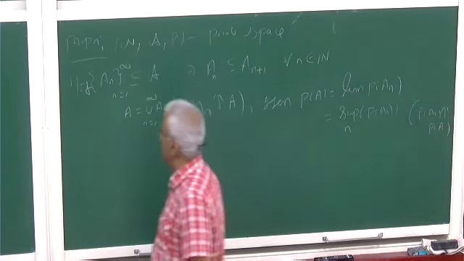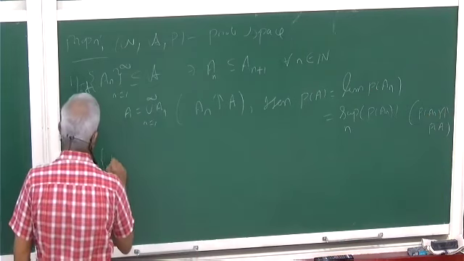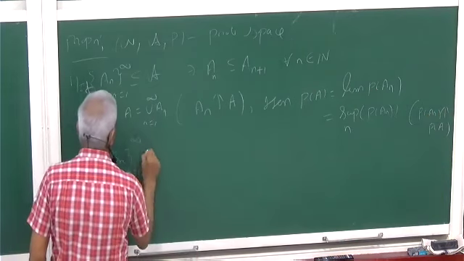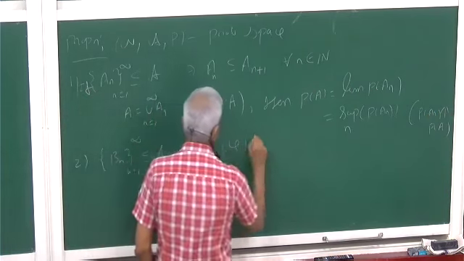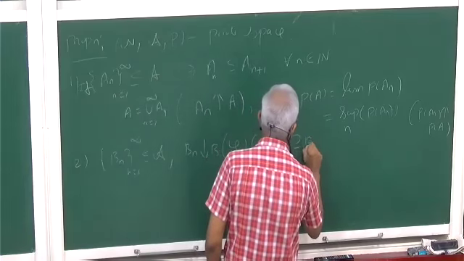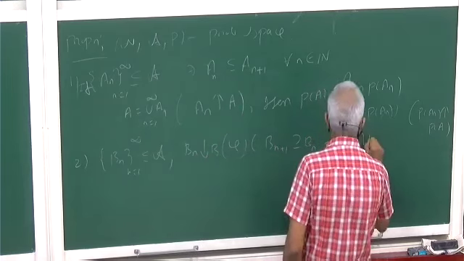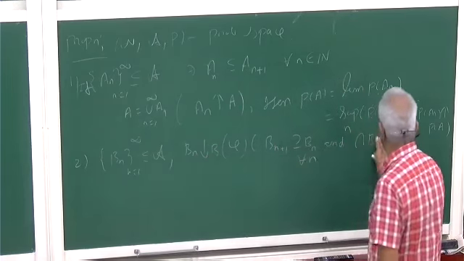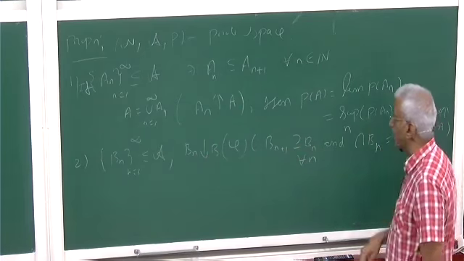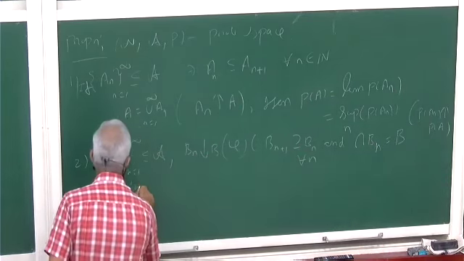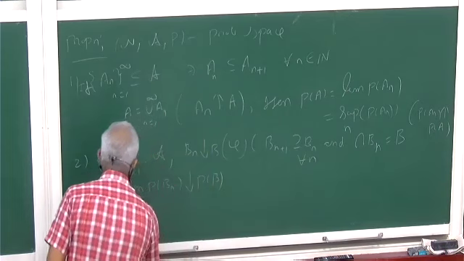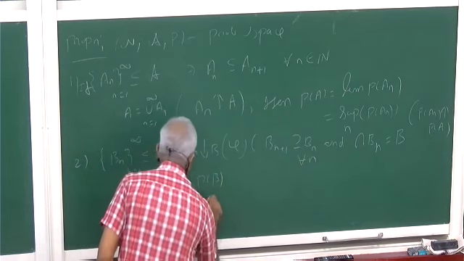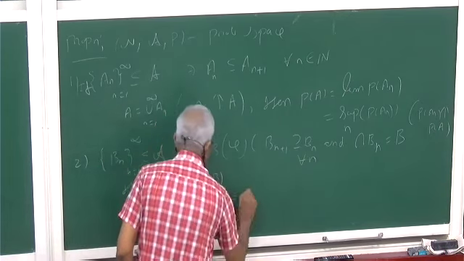This is one. Second thing is, similarly, if you have Bn contained in A and Bn decreases to B, that is, Bn plus 1 is contained in Bn for all n, and the intersection of Bn equals B, then probability of Bn also decreases to probability of B. That is, probability of B equals the limit of P of Bn, which is equal to the infimum of P of Bn.